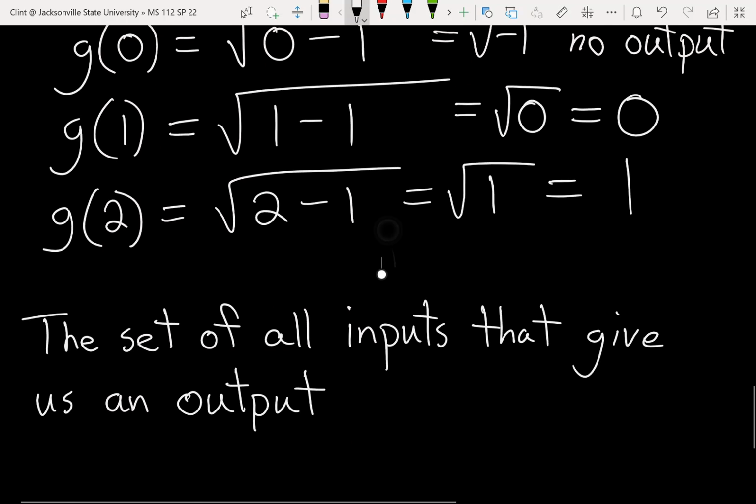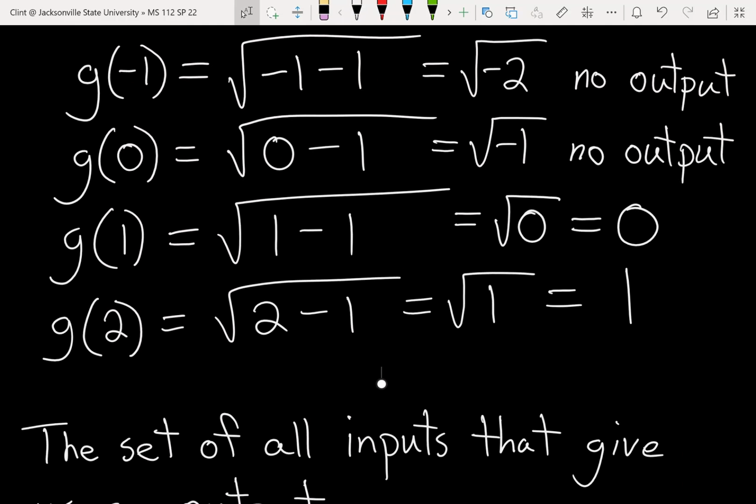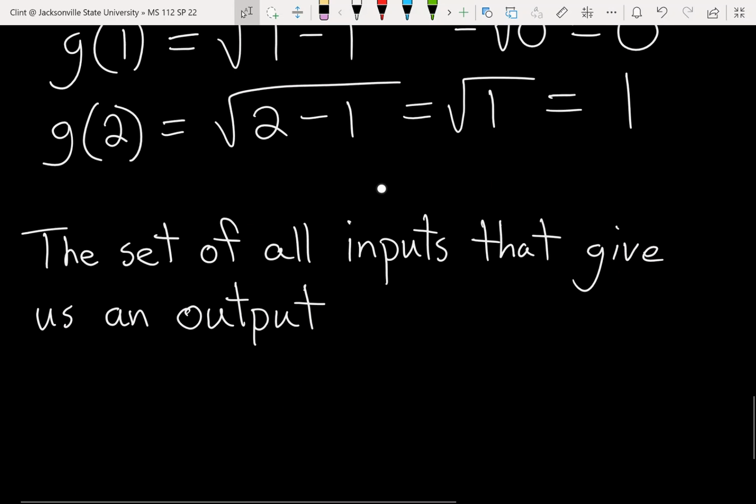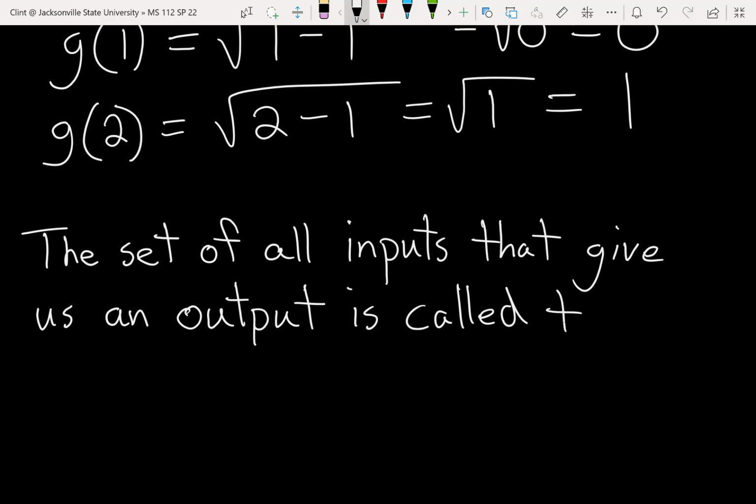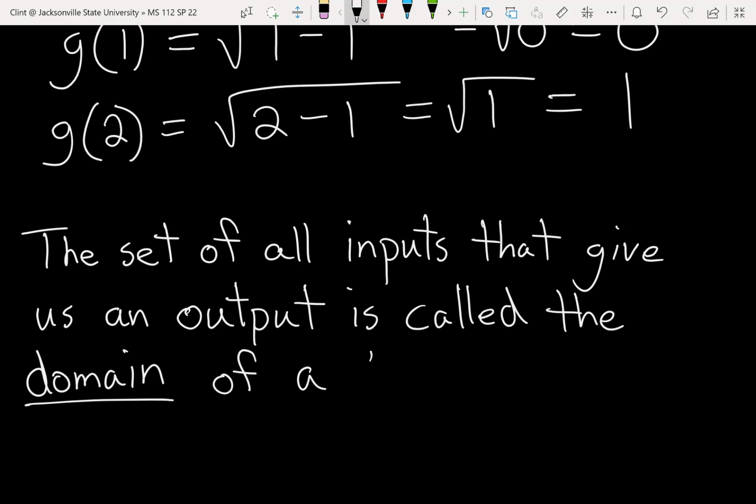So for our function g here, -1 and 0 are not included, but 1 and 2 would be in there because when we try to use those inputs, we do get an output. So the set of all inputs that give us an output is called the domain of a function.